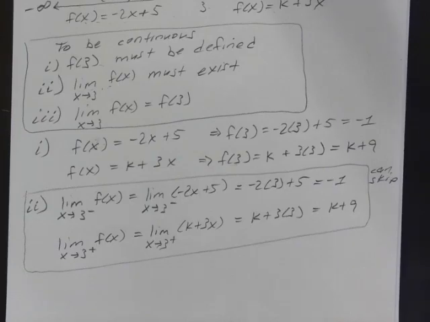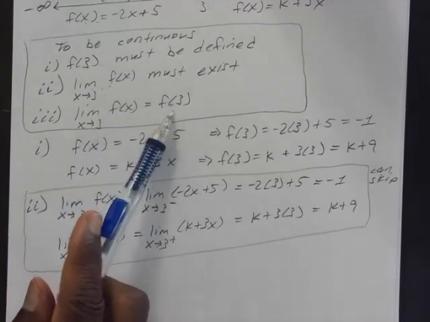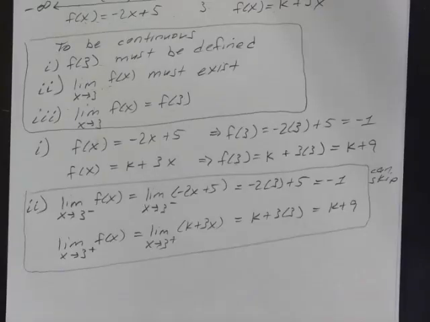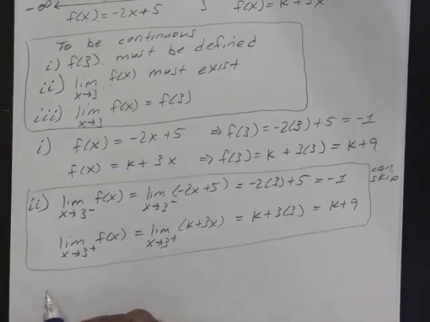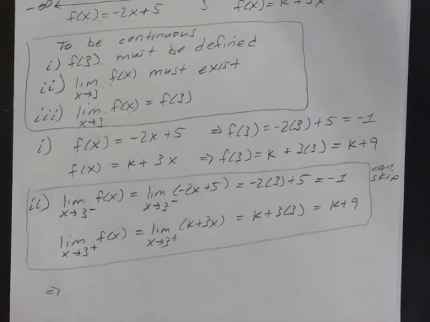Now for the third condition, we know that the limit of f of x as x approaches 3 has to equal f of 3. Okay, well, we have to find the limit of f of x.